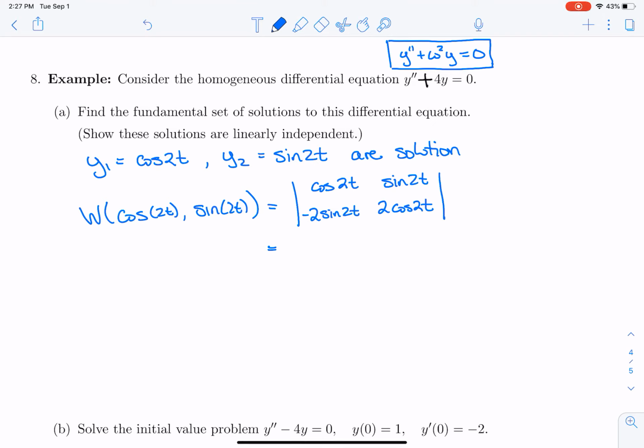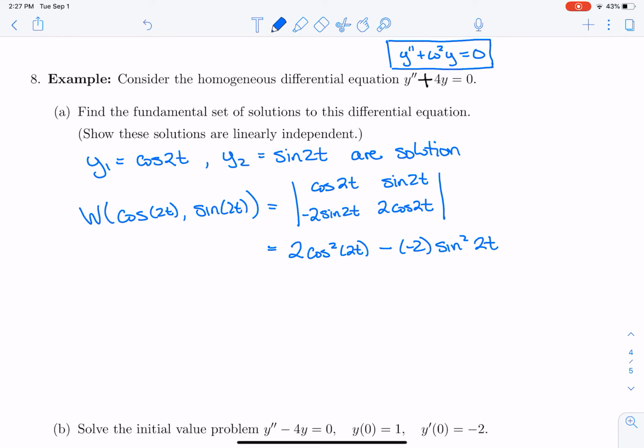Now, the determinant of that matrix is going to be 2 cosine squared of 2t minus a negative 2 sine squared 2t.